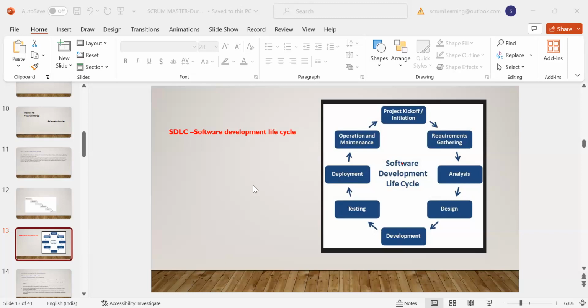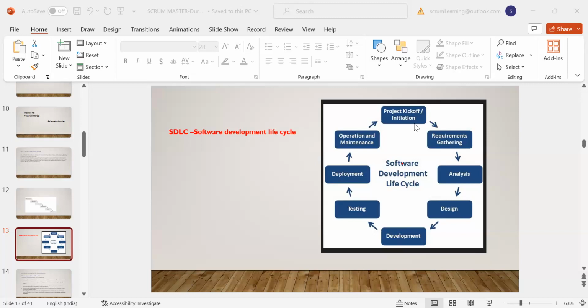Okay, this is for a development life cycle. Here, what we do is, first, the project kickoff or the initiation will happen. That is the starting phase, where they will be initiating the project. The subject matter experts, project managers, PMO and the business analyst will all sit together and start working on this.